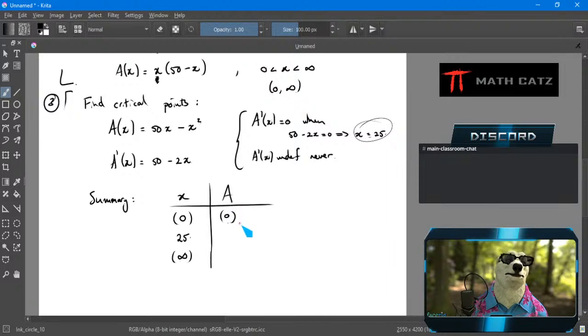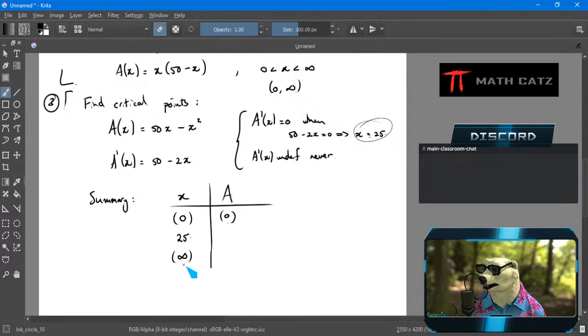And I'm looking to find the largest area. So it kind of makes sense that as I reach this extreme, as the length of the rectangle gets really, really small, my area is going to shrink as well.